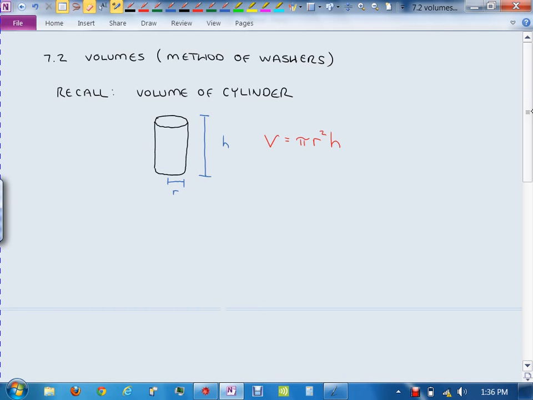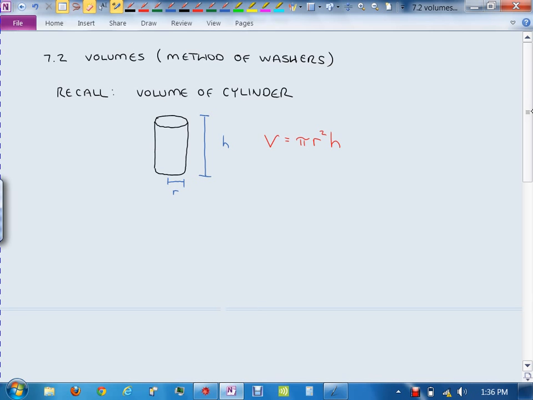Why does this formula make sense? What's pi r squared? That's the area of a circle, isn't it? Times h is just the height of the cylinder. So it's like you're taking the area of a circle on the bottom and stacking them h high, and that's where you get the volume, right?